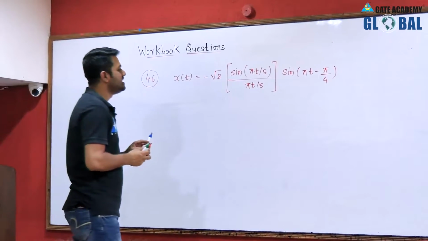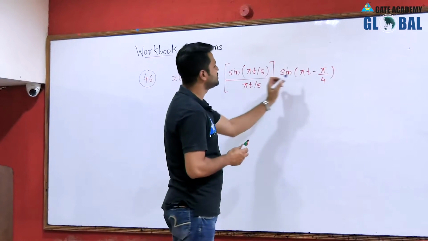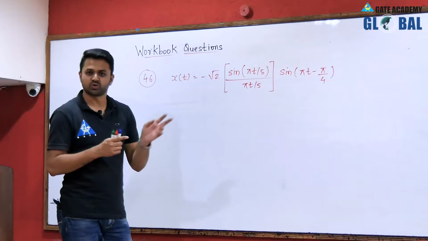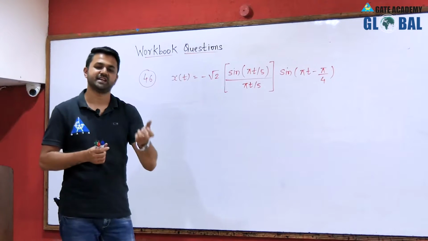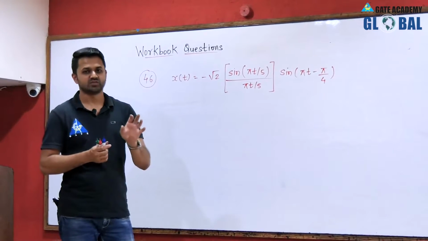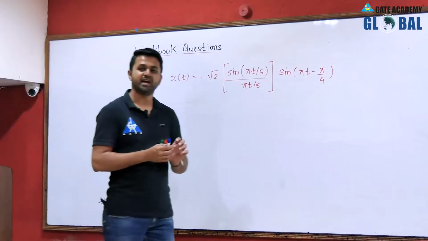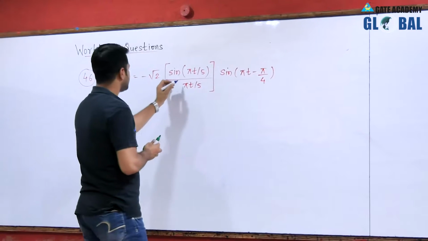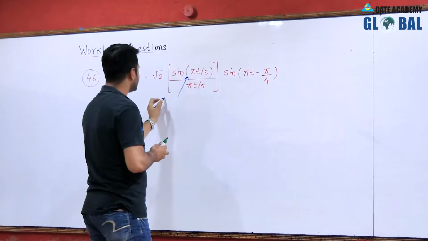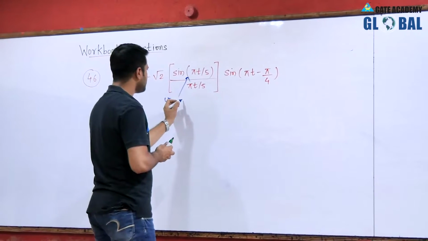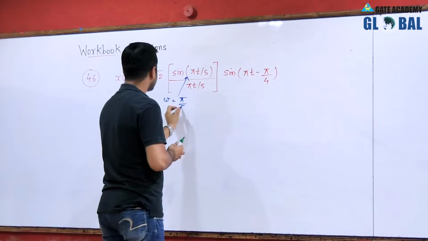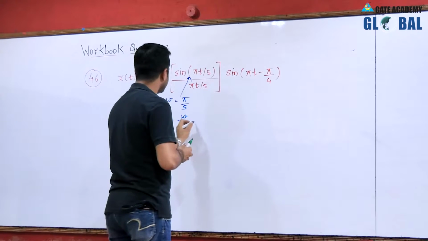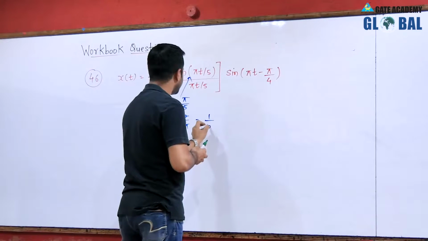First of all, as you can see, there are two sine terms, and if there are two sine terms we will have two frequencies. But what is the center frequency? It is given to us: the center frequency is 1 by 2 hertz. If you calculate the frequency for this particular term, here omega is pi by 5, so frequency is omega by 2 pi, that is 1 by 10.